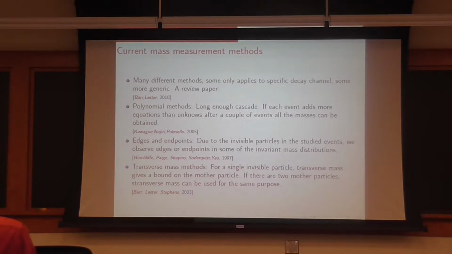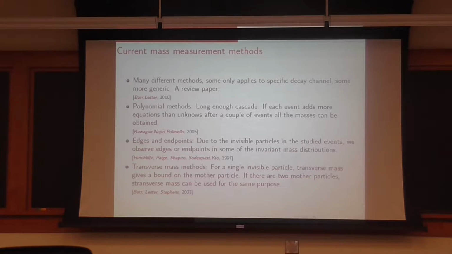What are some current mass measurement methods? There's a large number of them, and there's a nice review paper about them. A couple of them are polynomial methods. If there are enough particles in the event along a cascade, and you look at the same type of event, the same type of cascade, you can construct a constraining set of equations by using the invariant masses.